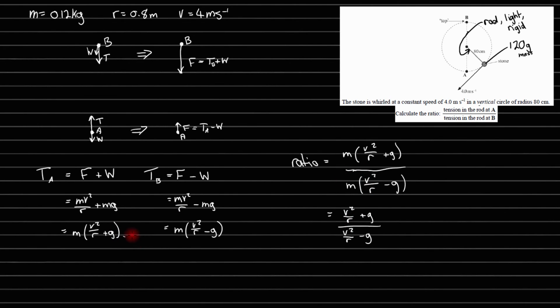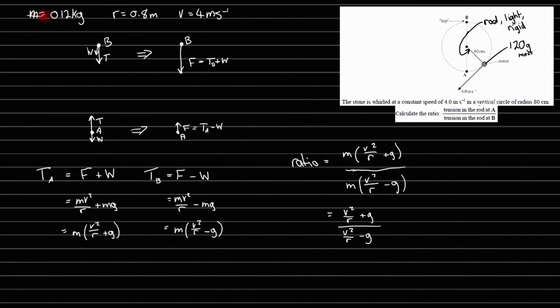Now you may have thought to yourself, well, that was quite a lot of effort to go down that entire route. We could have just determined the tensions, determined their values and then plugged that in at the end. The reason why I've done this specifically is because in an exam question, they could have been perfectly within their rights to not give you a mass of the stone.